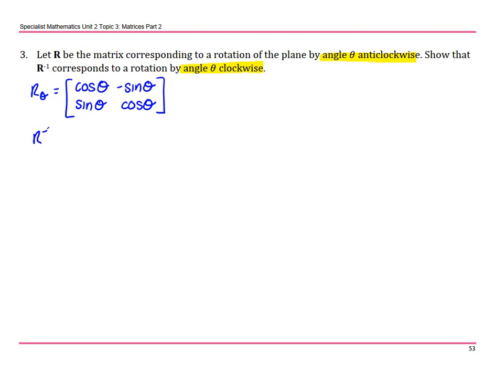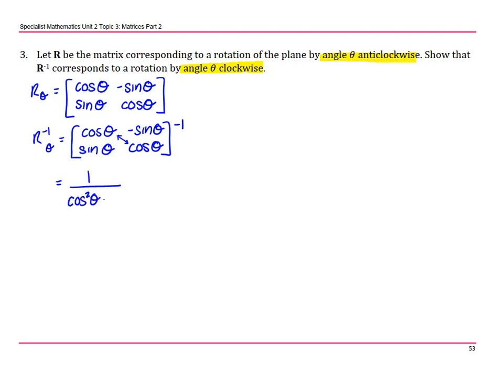So my inverse of that is going to be cos theta, like that whole thing again, to the -1. So working that out, I've got 1 over the determinant, which is these two multiplied by each other. So cos theta times cos theta is cos squared theta, minus, and then I have to multiply the other two.